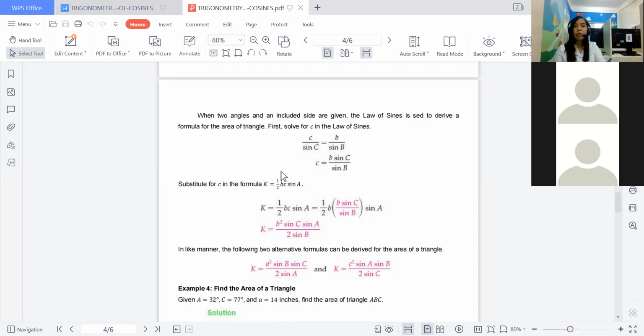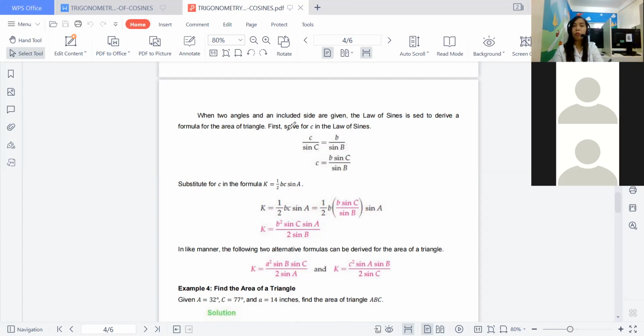So we know that for the law of sines, we have A over sine A equals B over sine B equals C over sine C. Or it can also be flipped, with the angle on top: sine A over A equals sine B over B equals sine C over C, depending on what you are solving for.